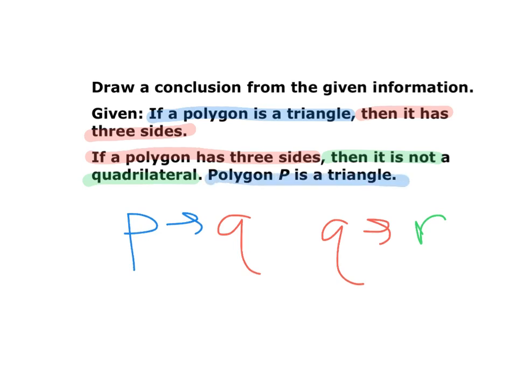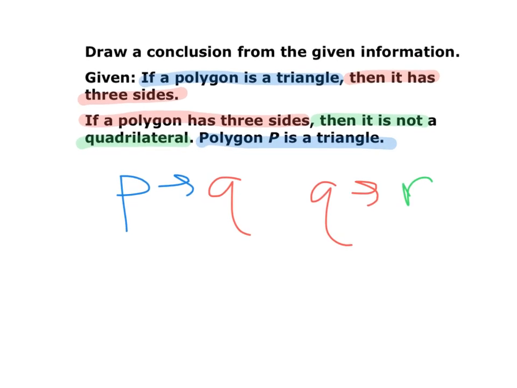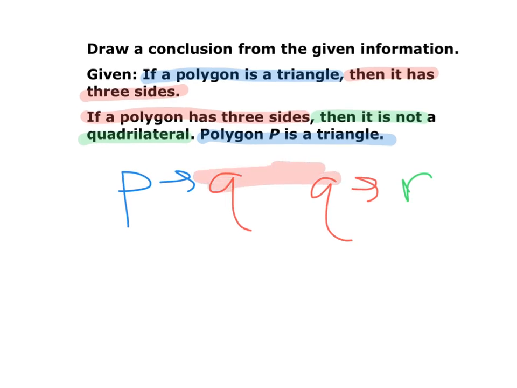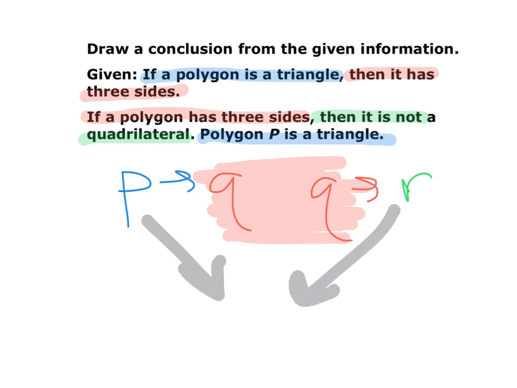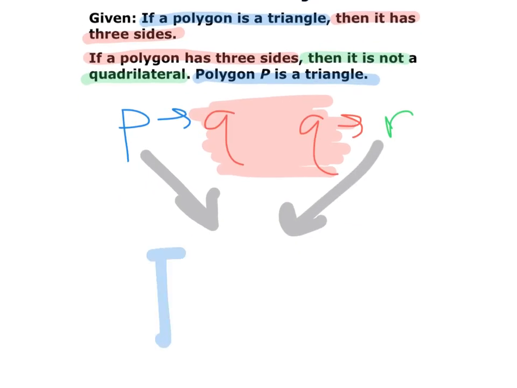So this goes along with our P. So if the 2 middle ones are the same, then we can imply that P then R. So if polygon P is a triangle, then it is not a quadrilateral.